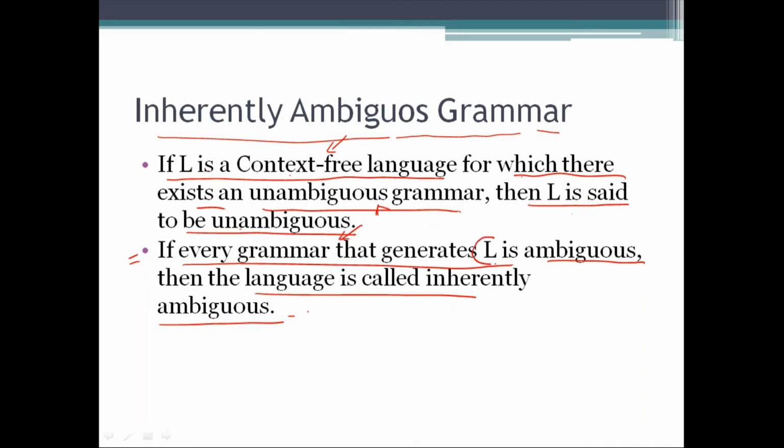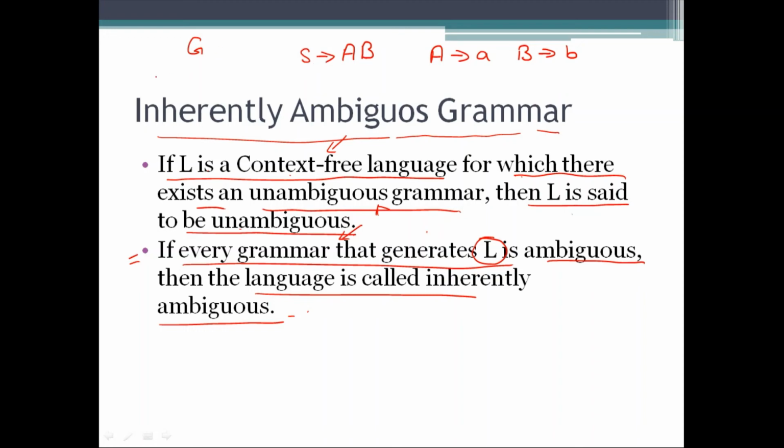You have a language L, and there can be many grammars for it. Let's see an example. Suppose you have this grammar in which the production rules are: S is rewritten as AB, A is rewritten as a, B is rewritten as b. Can anyone tell what the language of this will be? Suppose you have a grammar with production rules like this.